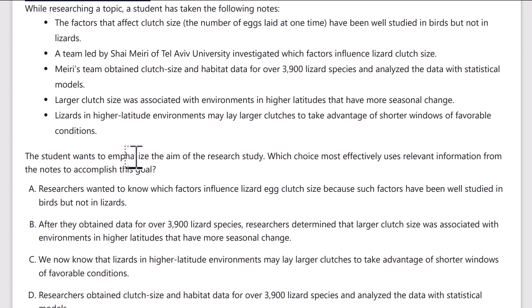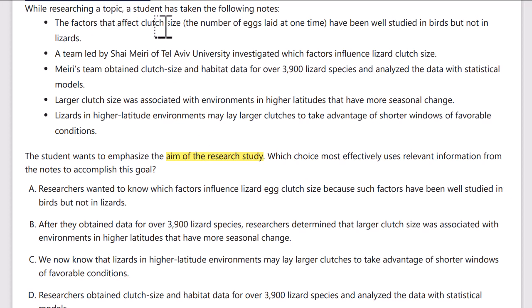Okay, here we have the student wants to emphasize the aim of the research study. So again, the focus here is a study-related prompt, and the focus is on the aim or the goal of the study, not the findings, not the method, not even the background, really. Let's take a look at the bullet points.